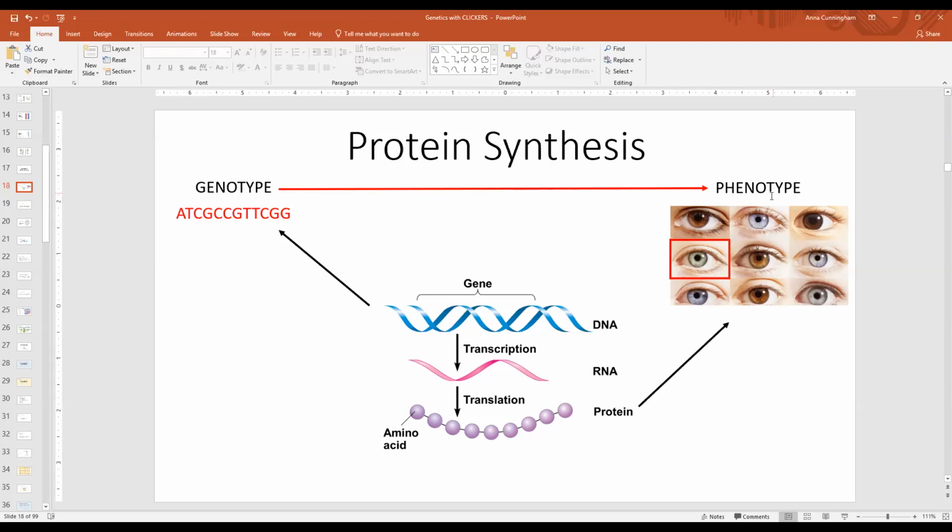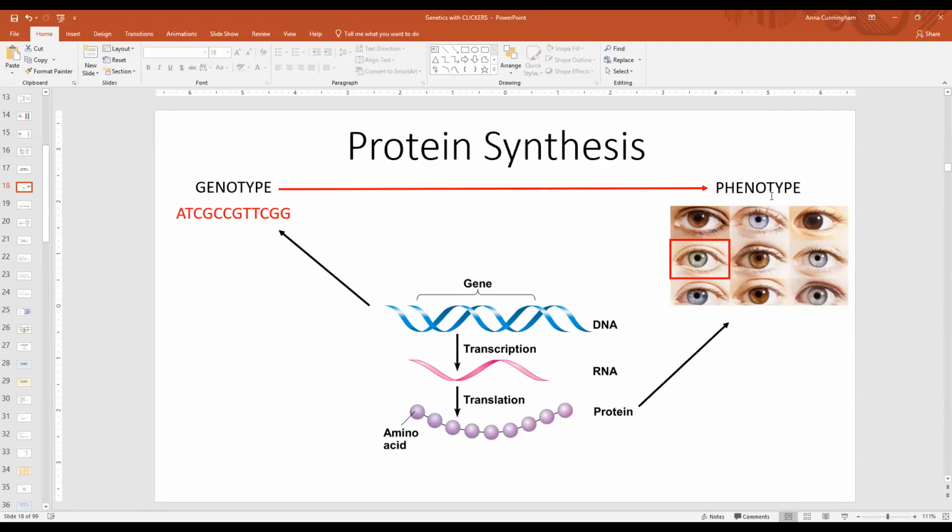So what we have to do is take that code, those nucleotides, and somehow make that into a physical product. The vast majority of these products are going to be in the form of protein. So that's what we're going to be talking about today: how we go from nucleotide sequence to physical protein.